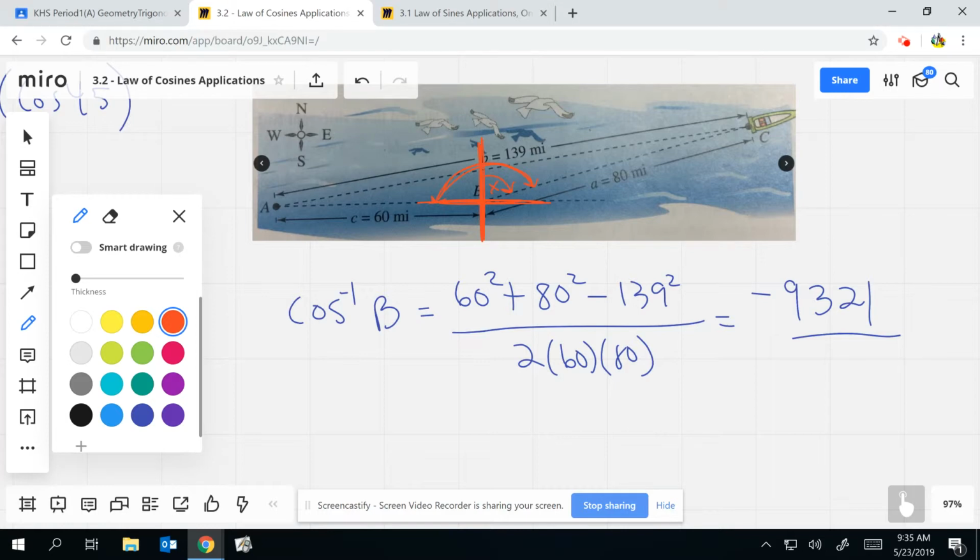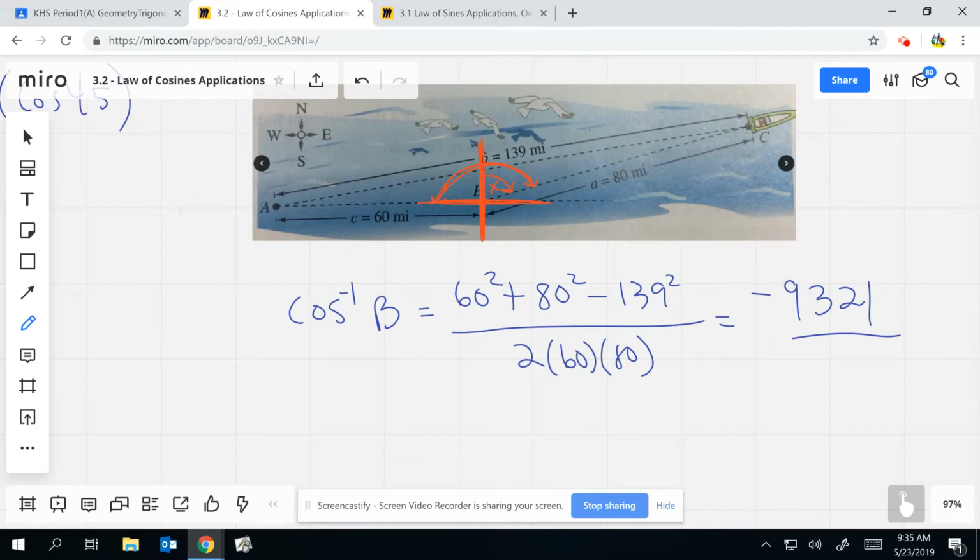So your x is your cosine value on the unit circle. So cosine is a negative value in this second quadrant. Remember, cosine negative, sine's positive, and tangent's negative because they're different. So I'm glad we got a negative number, because that means you're going to get an obtuse angle when you plug it in. And we know angle B is obtuse. You can see how big it is. It's almost 180. It's so big.